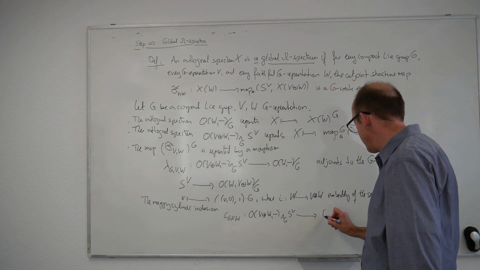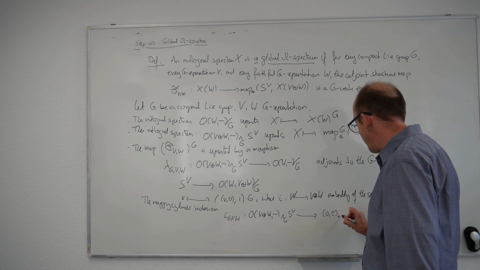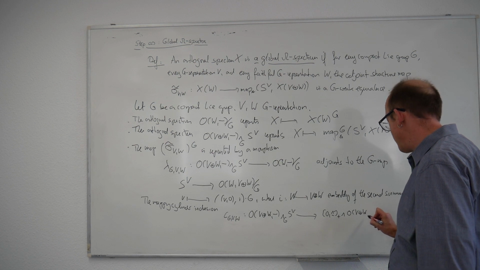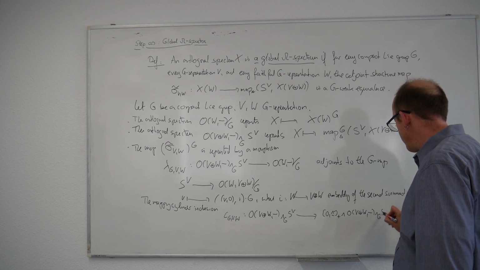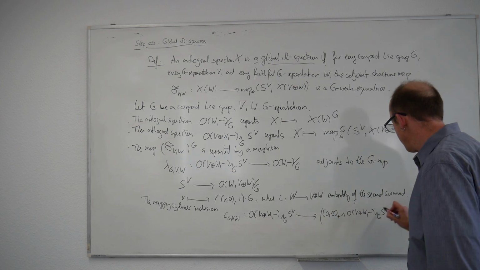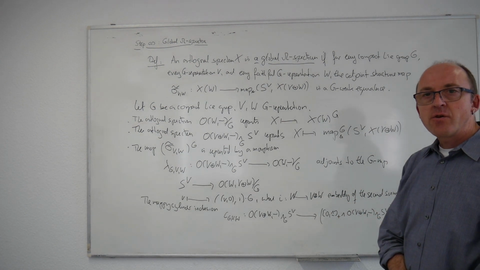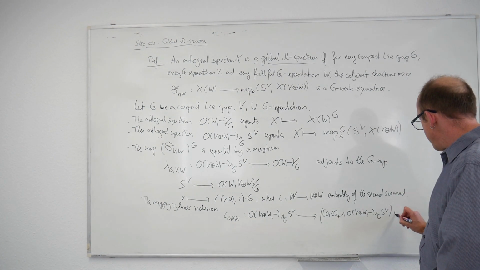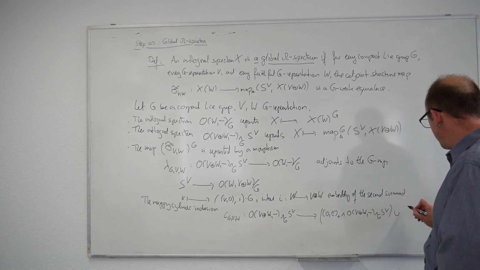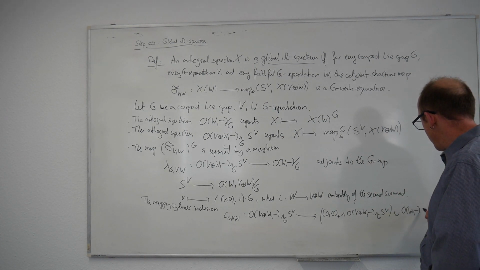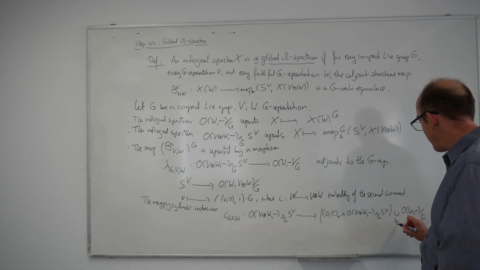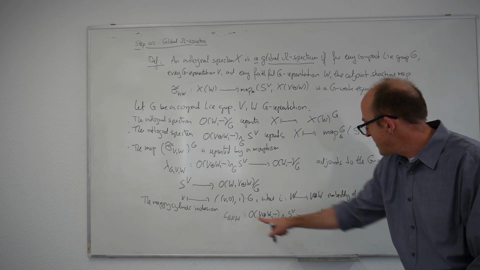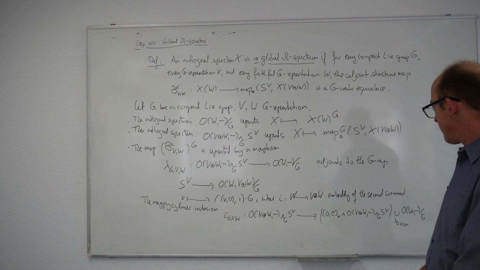And the mapping cylinder is the interval 0, 1 plus smashed over this O of V plus W blank smashed over G with SV. So we're taking level-wise in the orthogonal spectrum direction the path space, but in the pointed version. And this is union with the target, with O of W blank G. And the union is formed along the map lambda G V W using the end of the interval, the 1. And this morphism C is using the beginning of the interval, the 0.